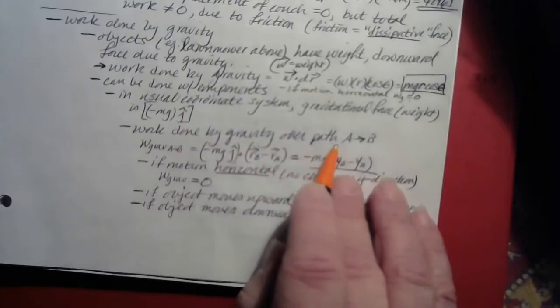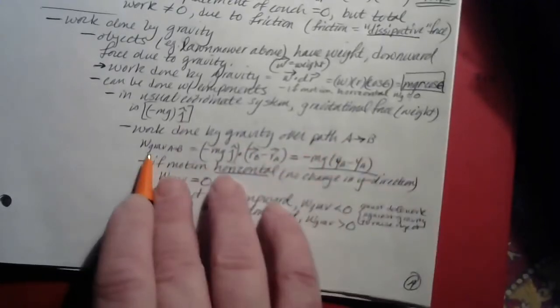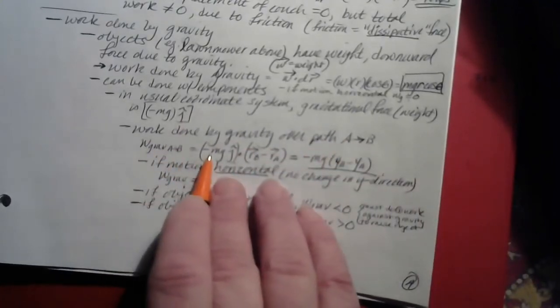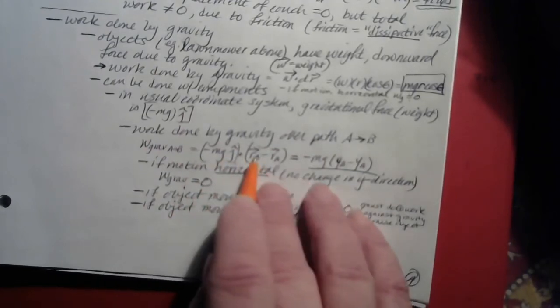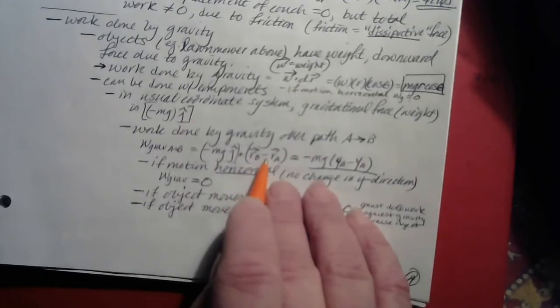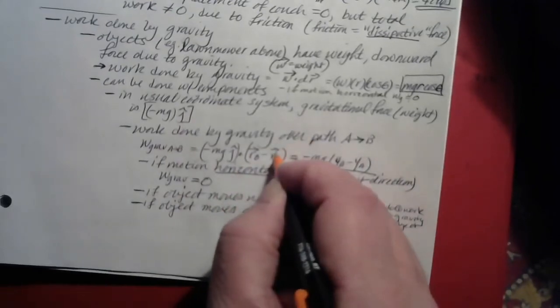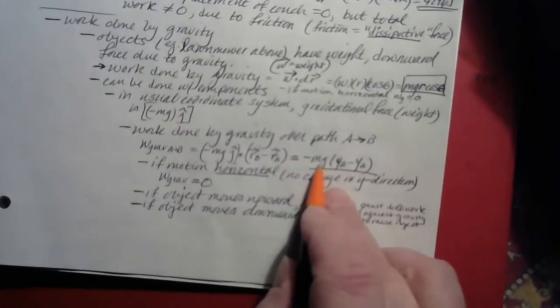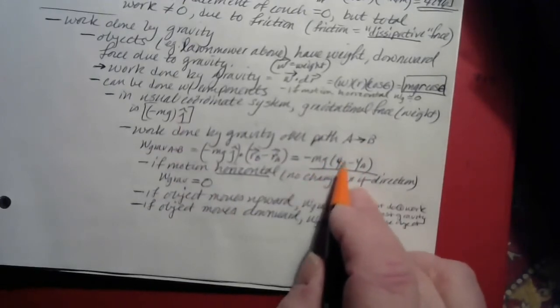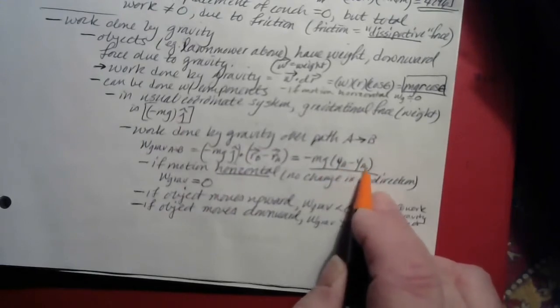The work done by gravity over the path from A to B would be equal to negative mg times unit vector j dot displacement at point B minus displacement at point A, which is just the same as mg times the y coordinate at point B minus the y coordinate at point A.